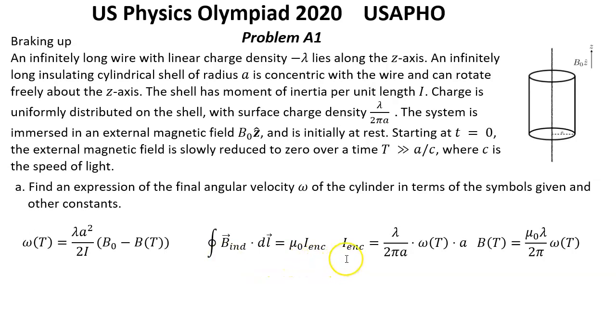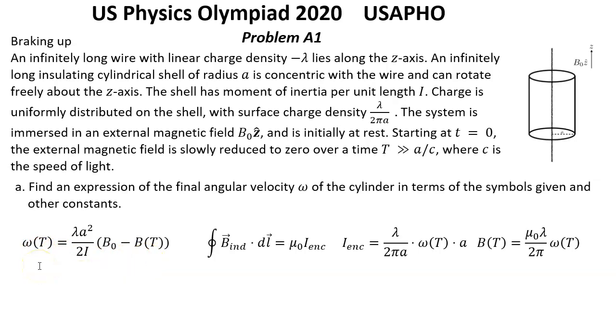We have total current equal to lambda over 2 pi a multiplied by omega and multiplied by radius a. Using this formula we can find that the magnetic field is proportional to omega and equal to mu 0 lambda over 2 pi times omega.